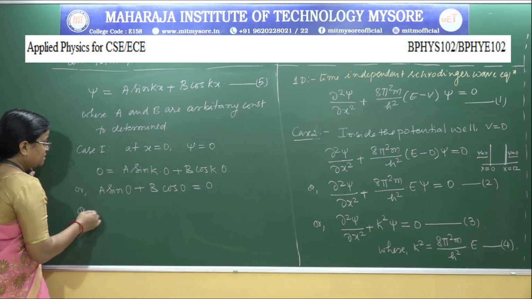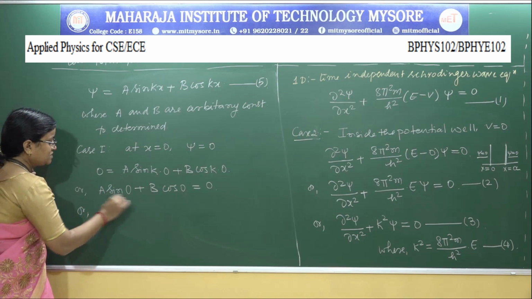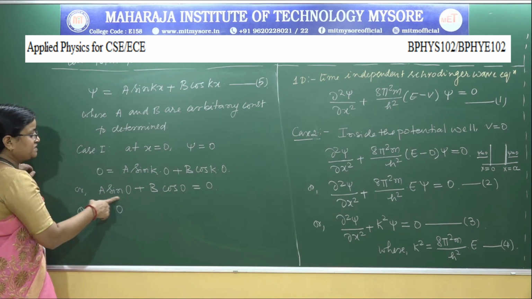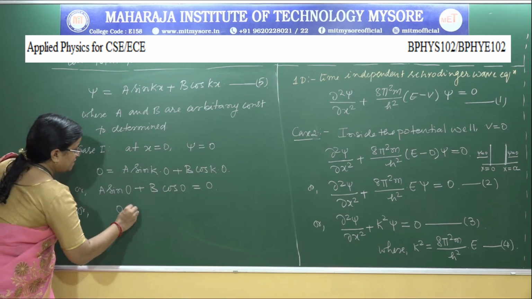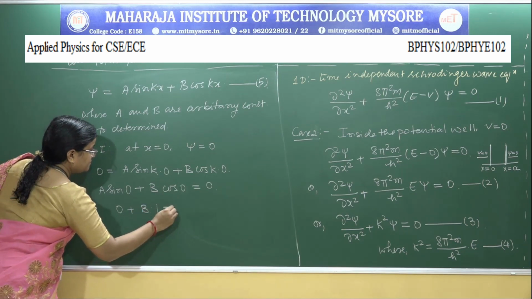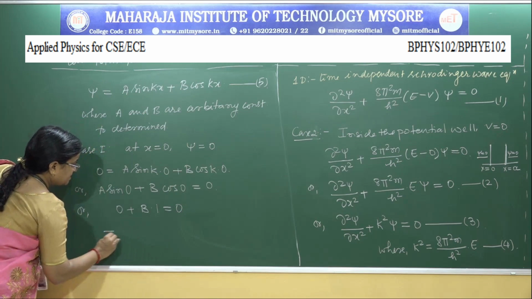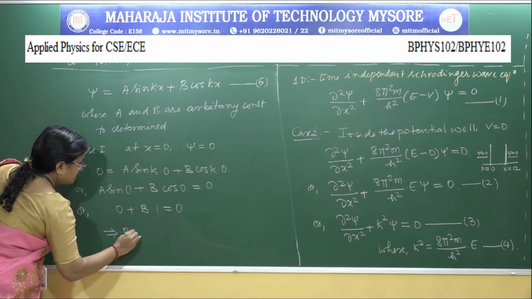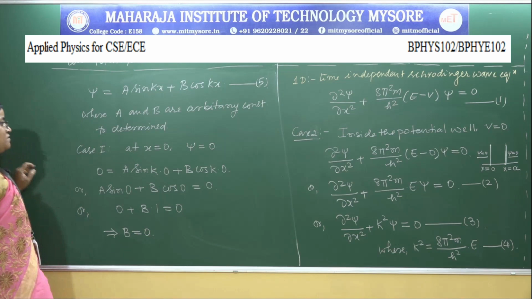So, what we know, sin 0 is 0. So, if you multiply 0 by A, it will be 0, and cos 0 is equal to 1. So, this suggests that B is equal to 0.